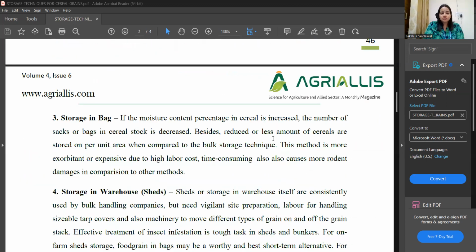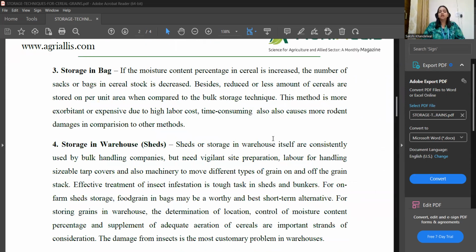And the third is storage in bags. If the moisture content percentage in cereal is increased, the number of sacks or bags in the cereal stock is decreased. We put our cereals in storage bags made of fibers, for example jute bags.